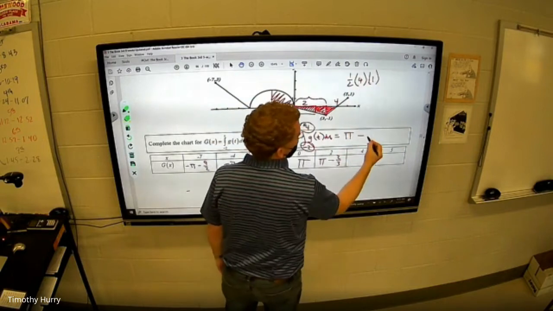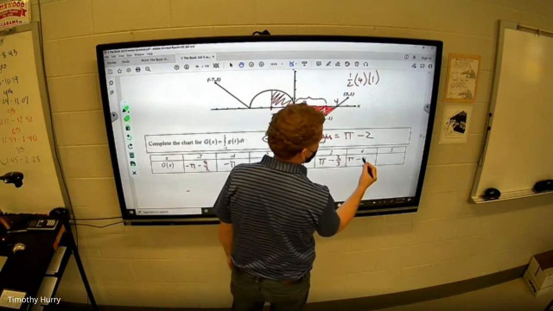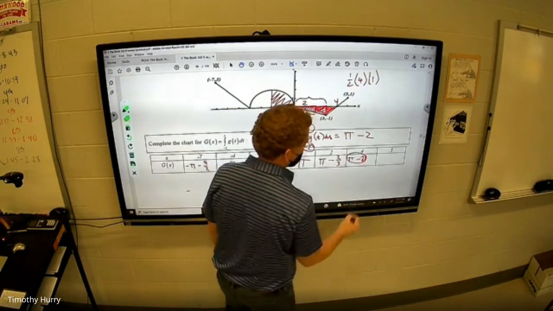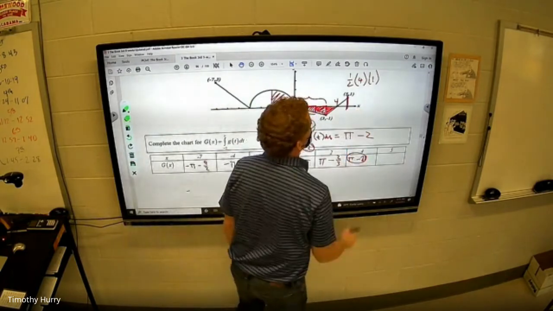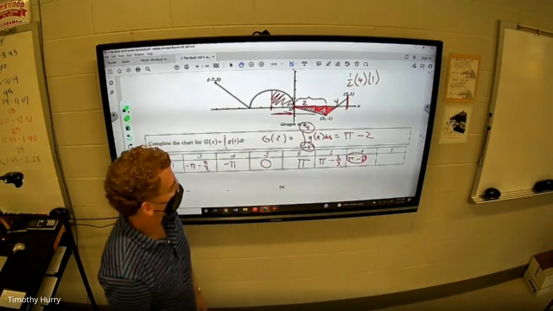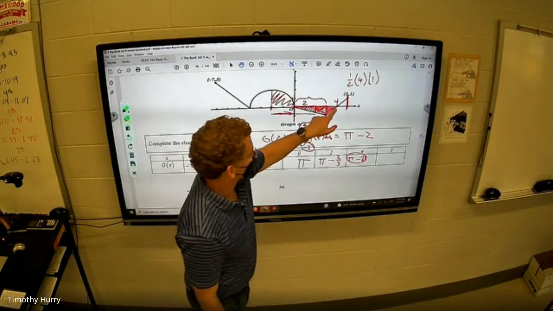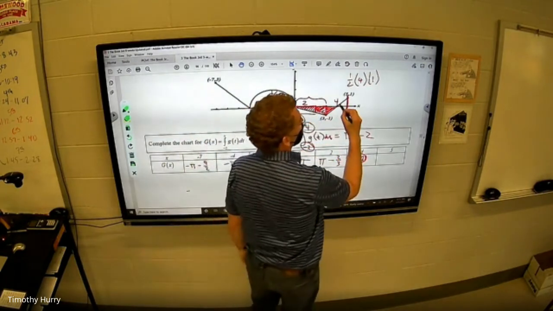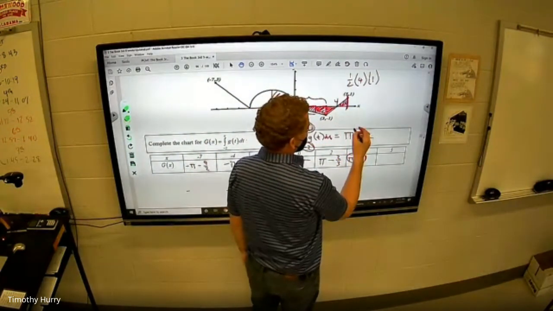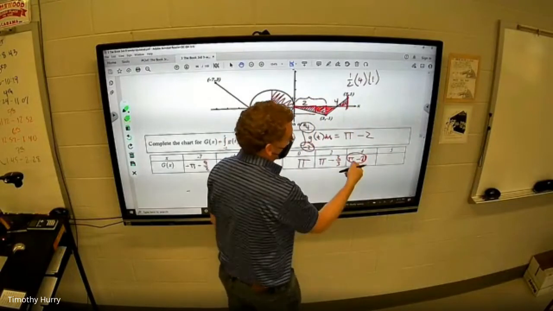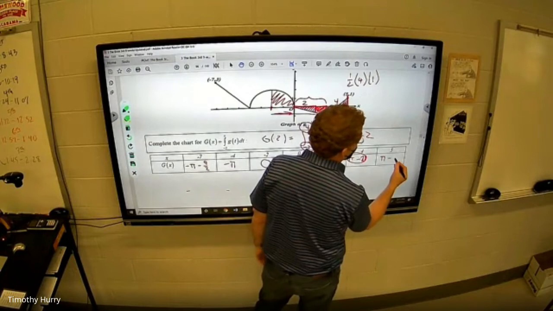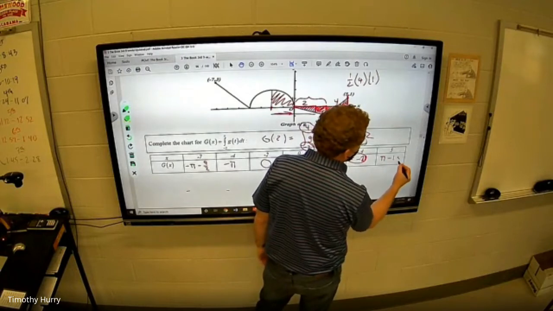So that's clearly a pi minus 2. And then finally, if I extend it to 5, what happens? I'm just going to get an extra what? Plus a 1/2. So I basically have the same thing there, but I just add an extra 1/2 to it, which would get me to pi minus 1.5.